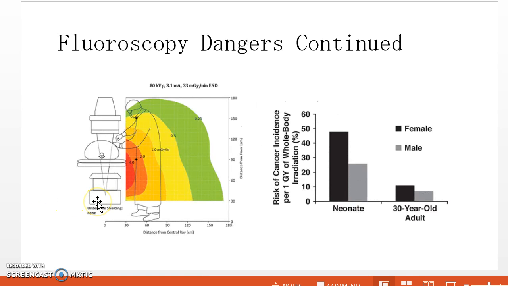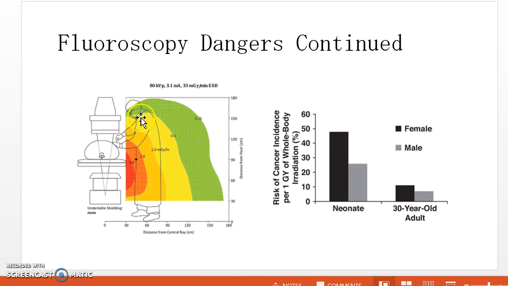So these are just some charts showing the radiation in a fluoroscopy exam. So this is the technologies, and you can see that the red right here is the most radiation, and then out here is the least. So right here in front of the chest area, down by the knees, there's a lot of radiation.